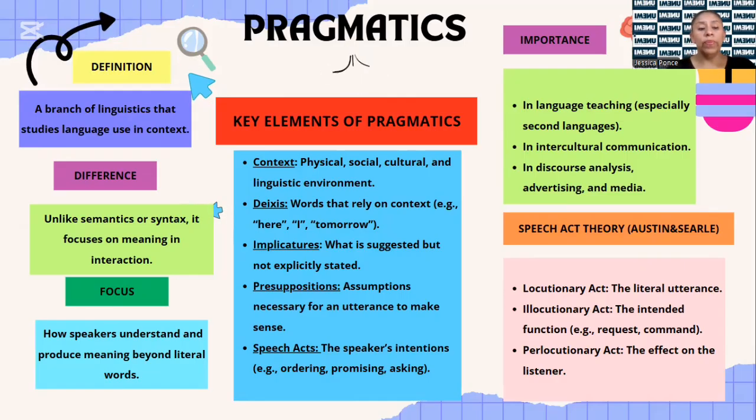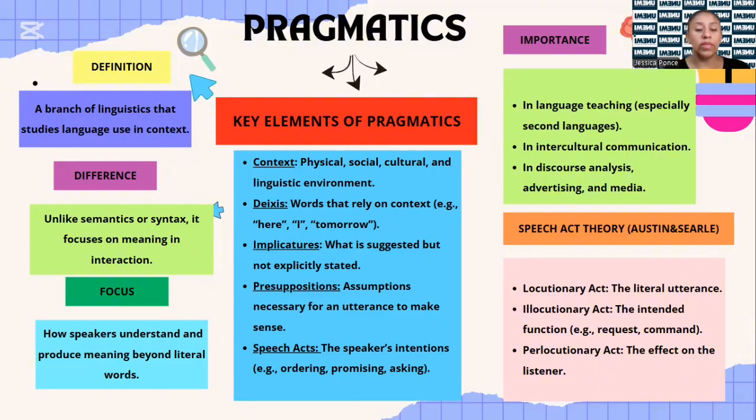Rhetorical or structural pragmatics examines how the speaker organizes language to achieve specific rhetorical effects such as persuasion and clarification. Information structure focuses on how speakers choose to present information in a sentence, distinguishing between new and given information, unlike semantics or syntax, focusing on meaning in interaction.